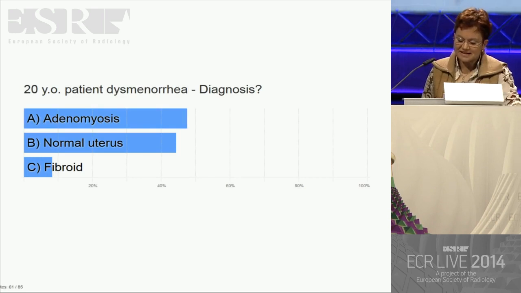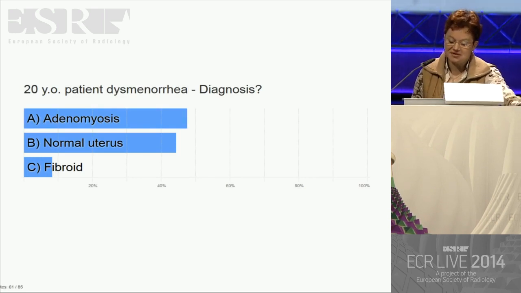Okay, so let's see. This is actually a normal uterus, and what you see behind the endometrial lining is just posterior endometrial enhancement due to the more hydric nature of the mucosa compared to the myometrium.